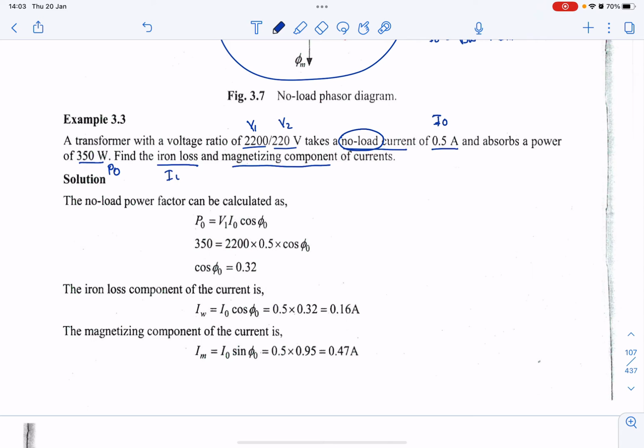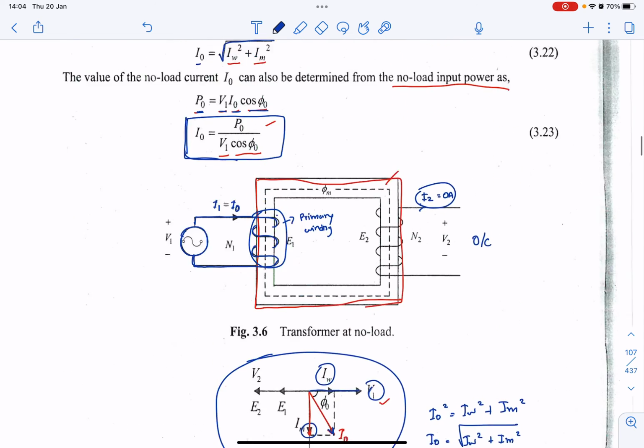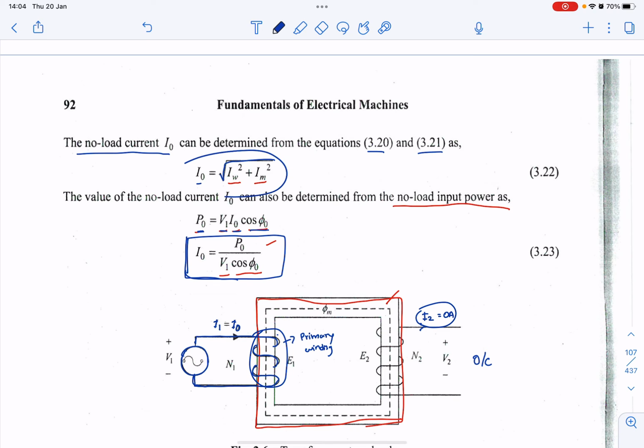So here you need to find Iw and Im. Based on the information given here, you are given the power, the no load current, and the voltage. So you need to solve your problem based on the information given. If you want to use this equation to calculate Iw and Im, it is quite difficult because in this equation you cannot put the no load power into the equation.